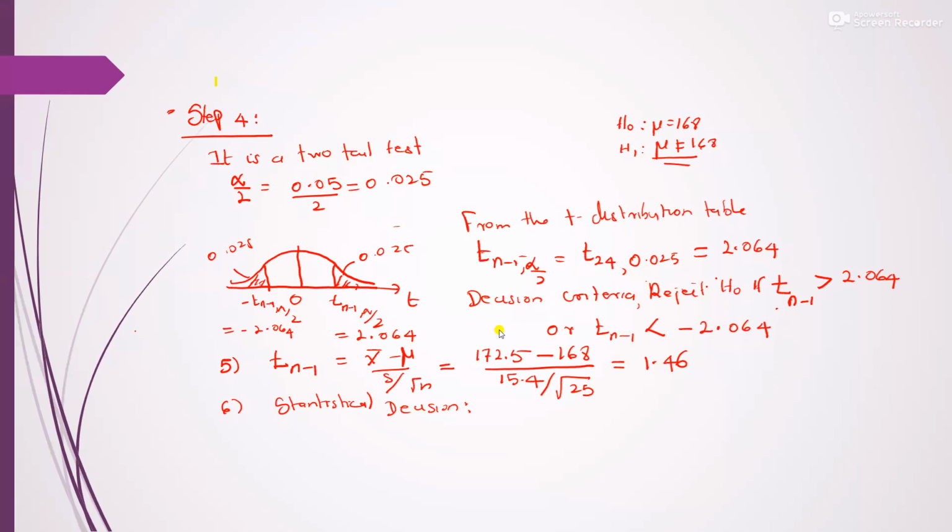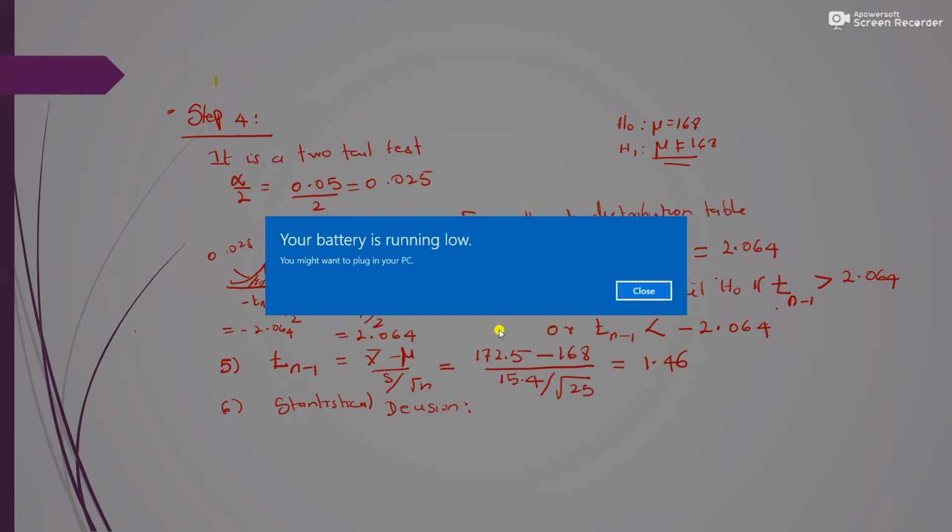Because if you want to reject H naught, our statistic value 1.46 must be greater than 2.064. But here, this value is less than 2.064. So we are not able to reject H naught. Our statistical decision: T n minus 1 is equal to 1.46. It falls in the non-rejection region, less than 2.064.